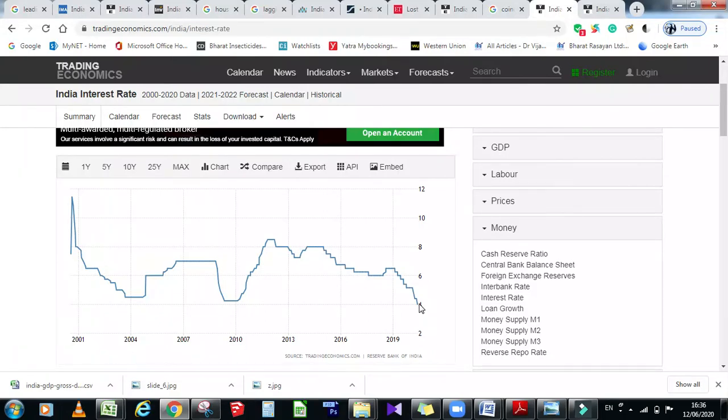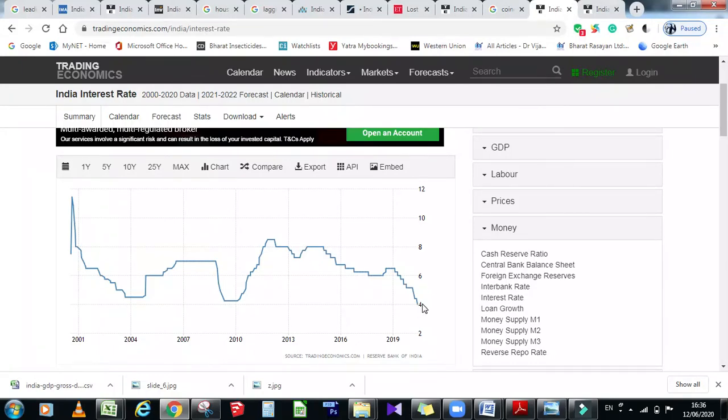It's actually the repo rate. Lower rates mean RBI wants the economy to come back, which is sleeping. Last time, in the 2008 range, it was the lowest, and it has come down to the same point now.